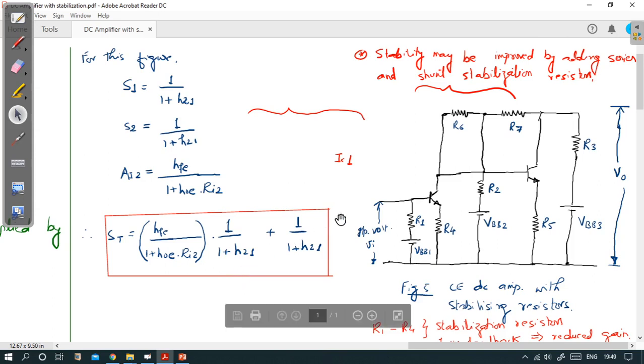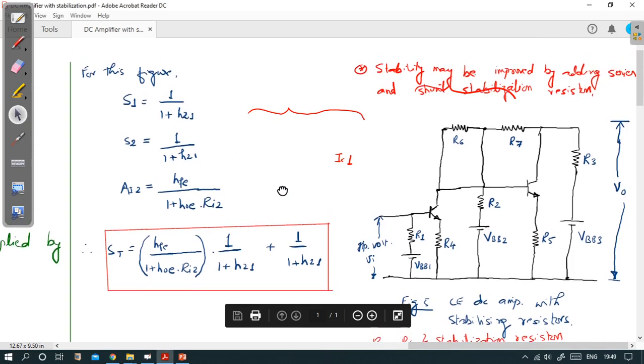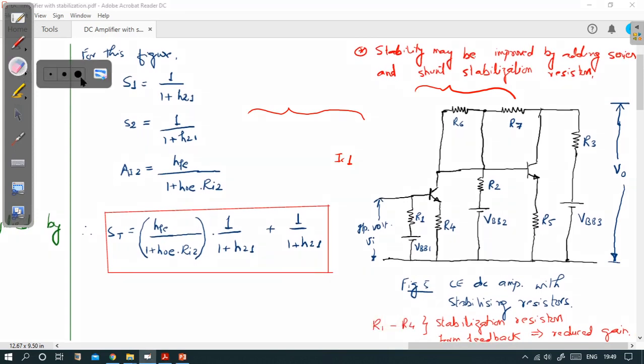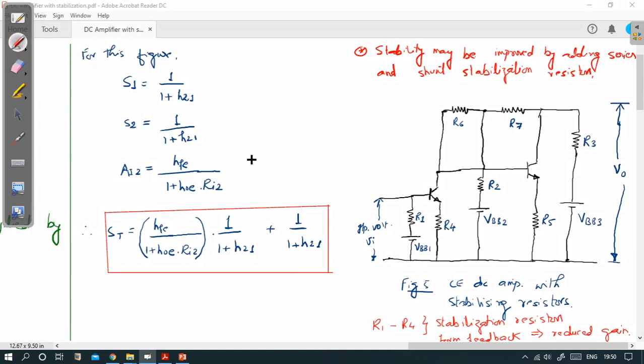We want a more stable circuit, so we want stability to increase. One of the ways to improve stability is by adding series and shunt stabilization resistors. Look at this, it is again that same DC amplifier, where this is the first stage and this is the second stage transistor.